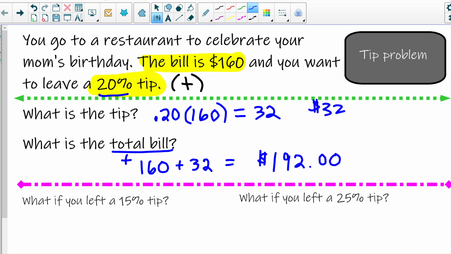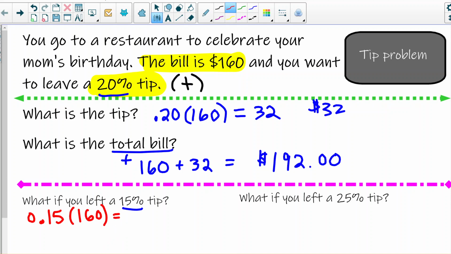Okay, so let's look at the 2 add-on questions at the bottom. What if you left a 15% tip? Okay, so if we wanted a 15% tip, instead of calculating 20%, we would just change that to 15%. So 15% is 0.15, and we multiply that times the bill of $160.